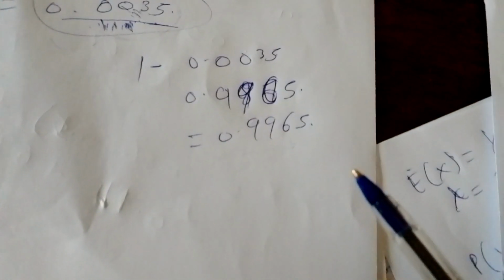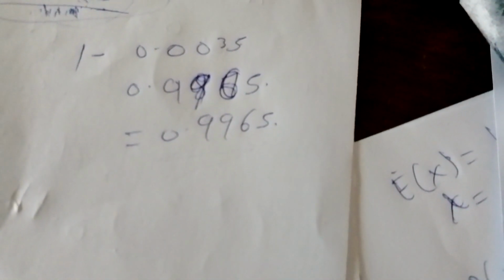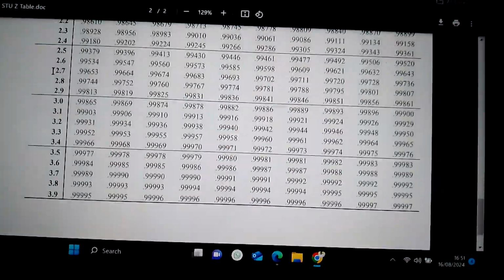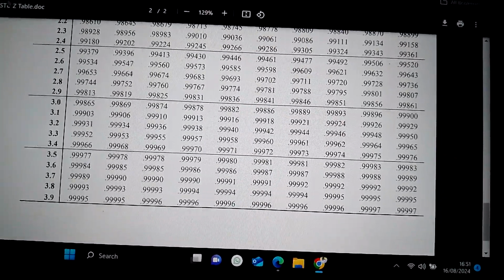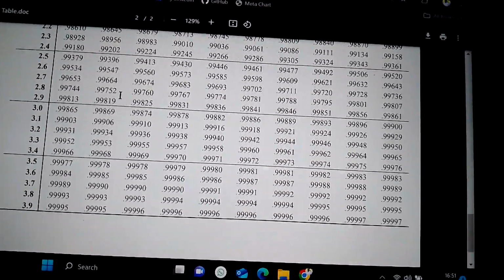So we have to go to the table. Let's go to the table and find 0.9965. When we are done, we'll try with the other one to see how that makes sense. So 0.9965, how do we find that?